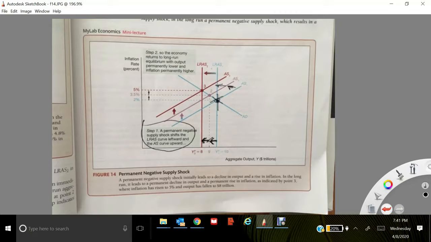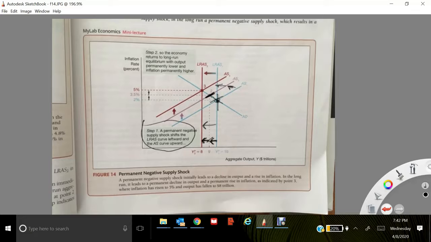So that would be represented by a shift to the left of the long run aggregate supply curve.